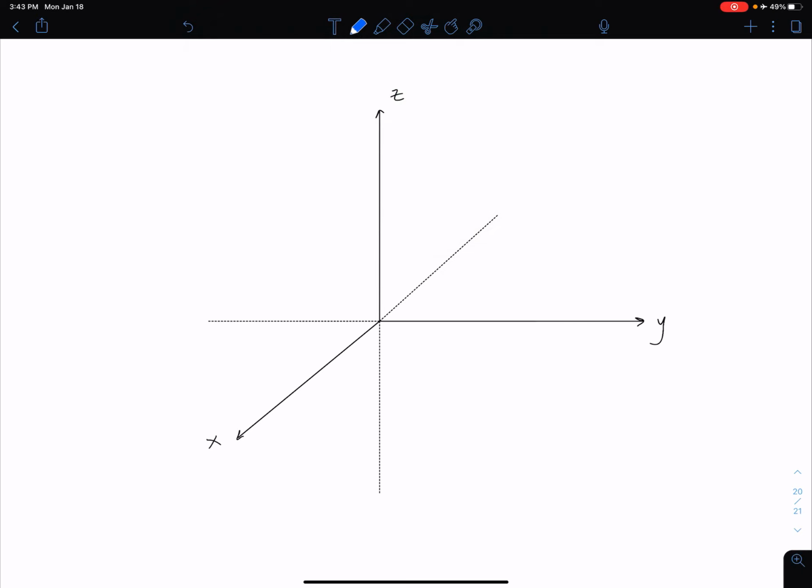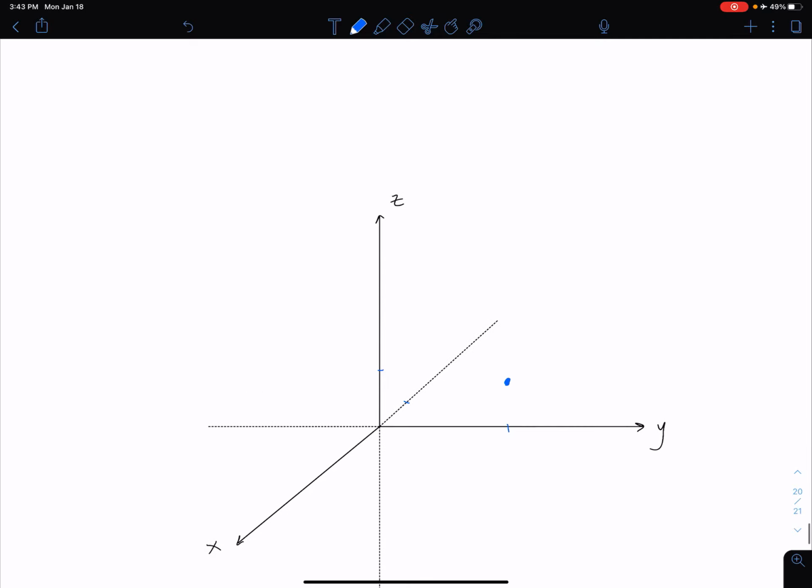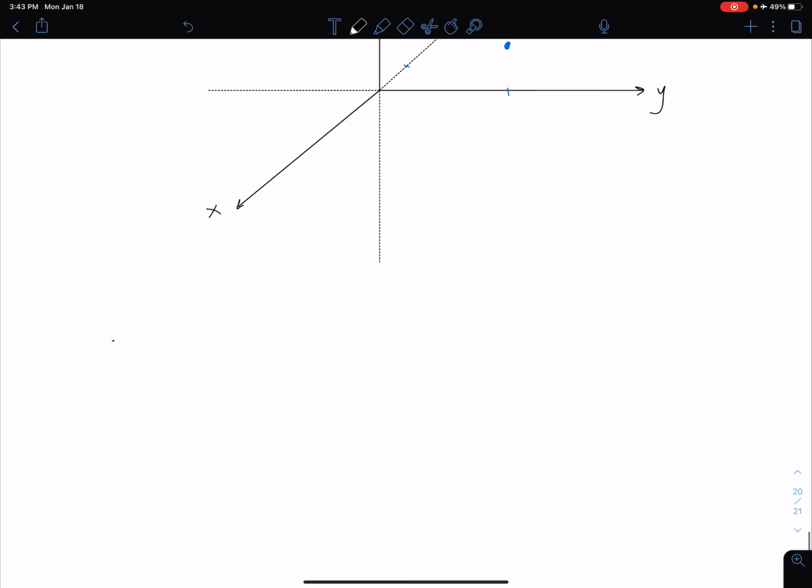So we're at -2 in X, 6 in Y, and 3 in Z. So something like this. We have a point that's maybe somewhere out here. So this is our point P. And what we're saying is now we want to evaluate at that point what is the strength of our vector A.